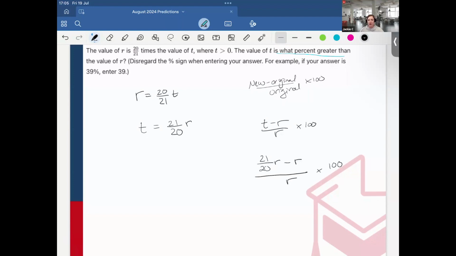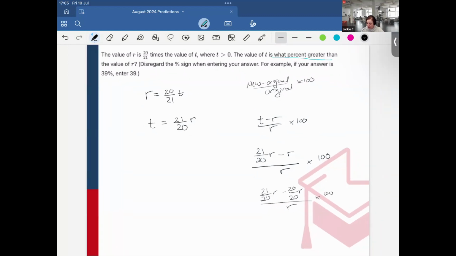So this will result in 21 over 20 R minus R. I'm just going to find the common denominator of 20, over R times 100. And that would be 21 minus 20, so 1 over 20 R divided by R times 100.